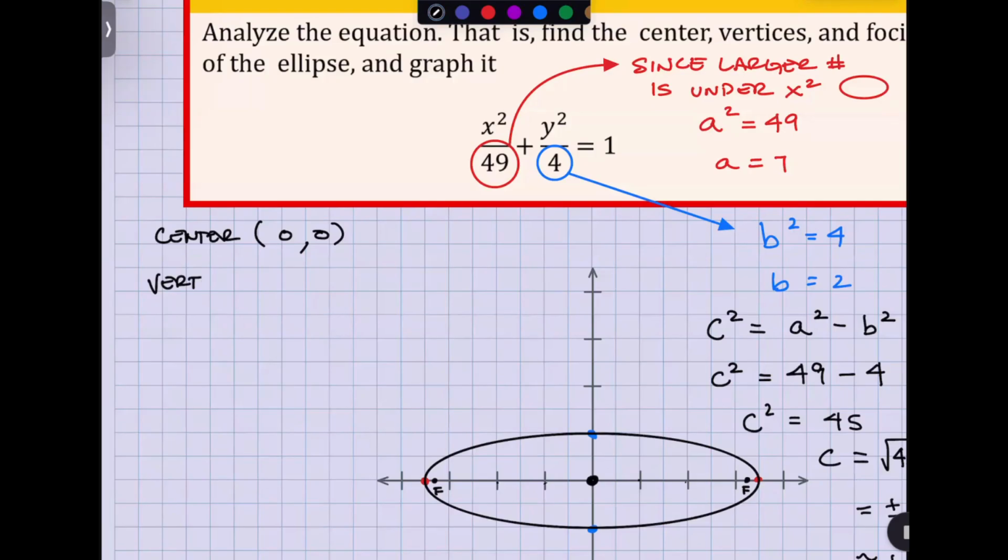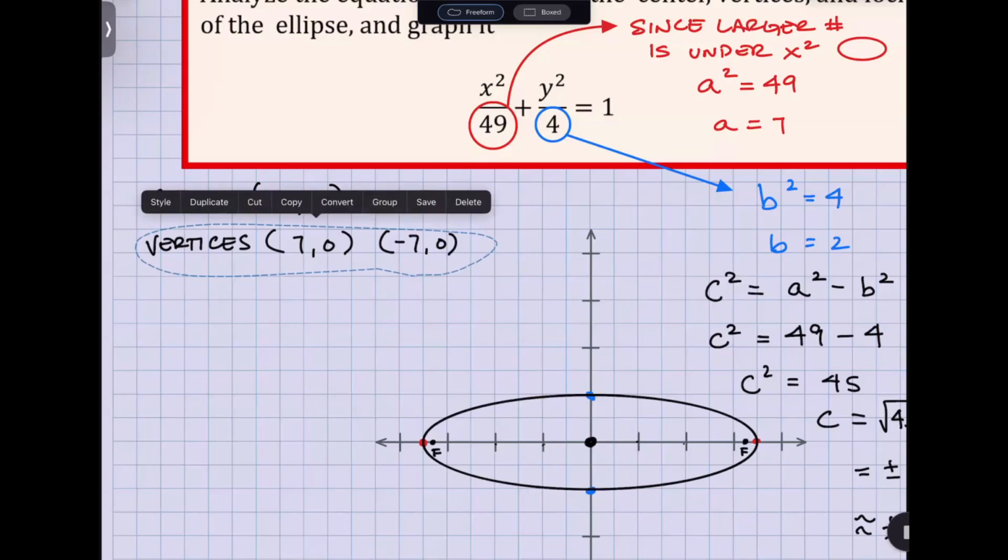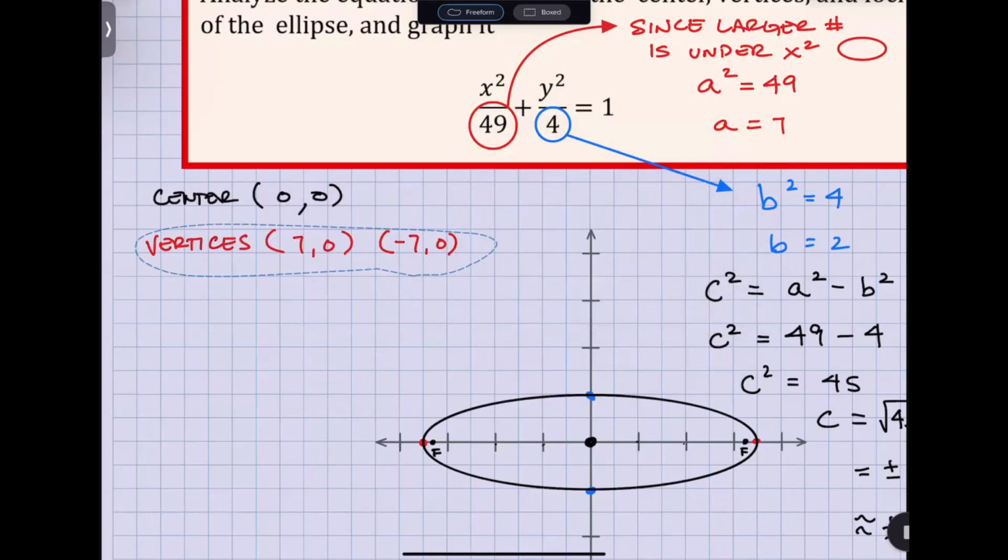Where are the vertices? Why is it here and here? So you're trying to say 7, 0 and negative 7, 0. So essentially, this has everything to do with what we did with the red.